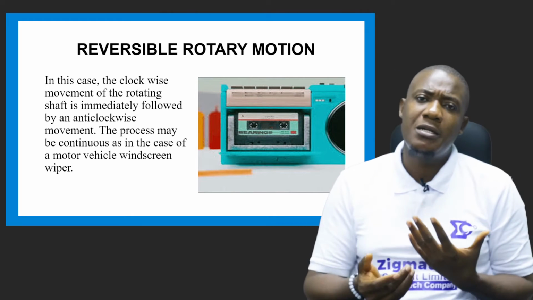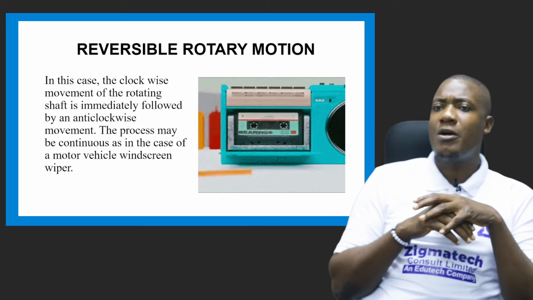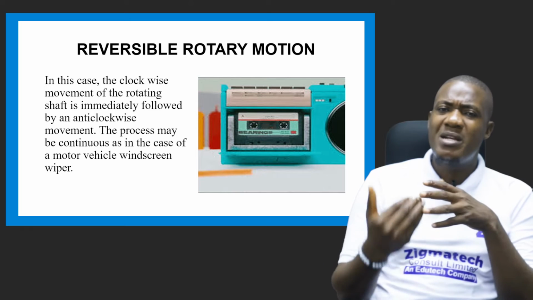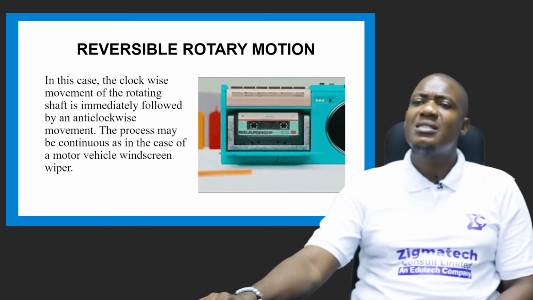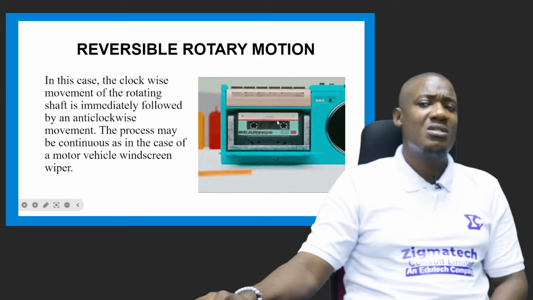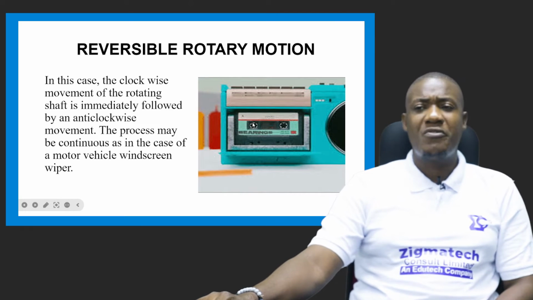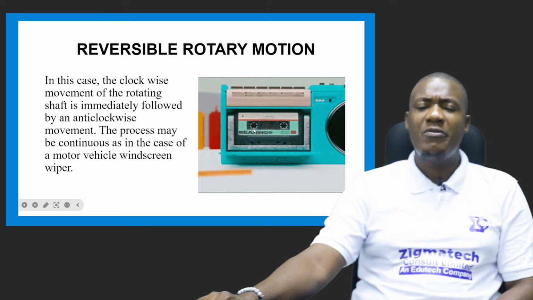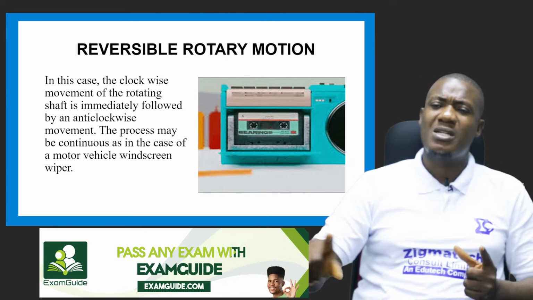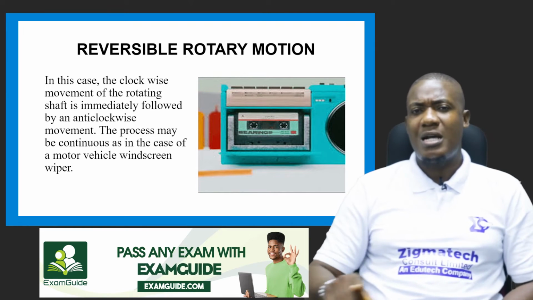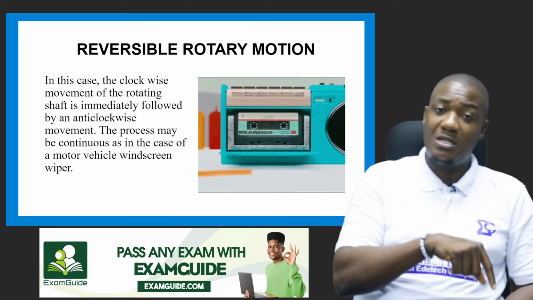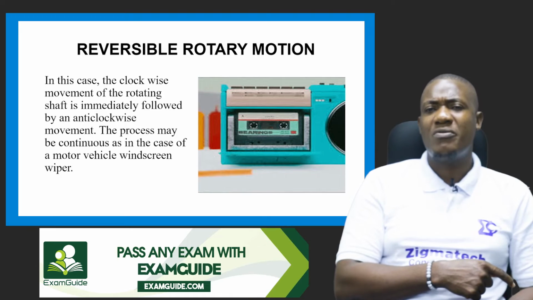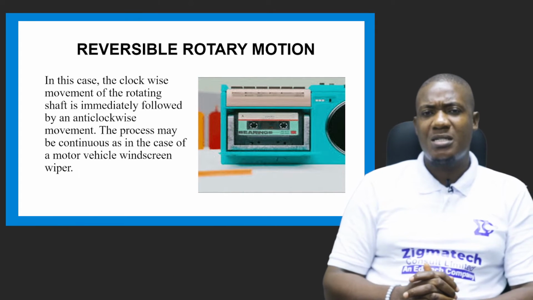This kind of rotary motion is seen in certain devices like the car cassette we had before compact discs were invented. Sometimes you can put it in auto reverse, and it starts moving the other way, to either rewind or play the other side of the cassette.